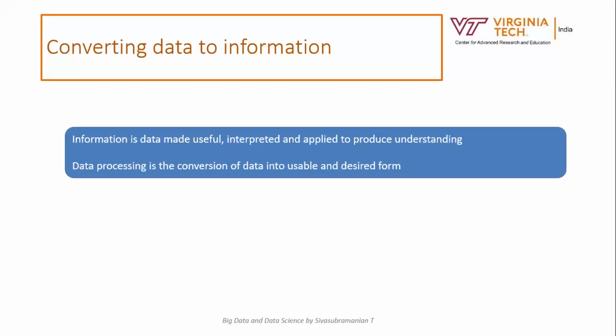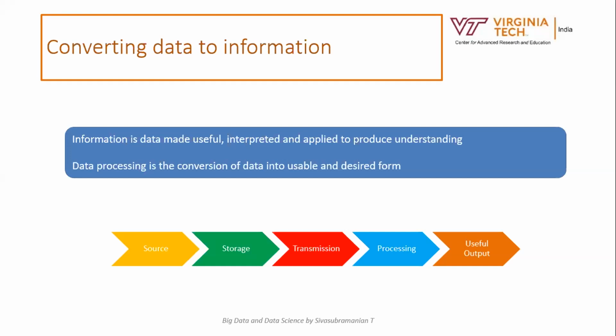So how do we convert data to information? Information is data made useful, interpreted and applied to produce understanding. Most computer science students know the complete life cycle: what is data, what is information, what is knowledge, etc. You would have learned that in your college curriculum. And data processing is the process of converting raw data into a usable and desired form.